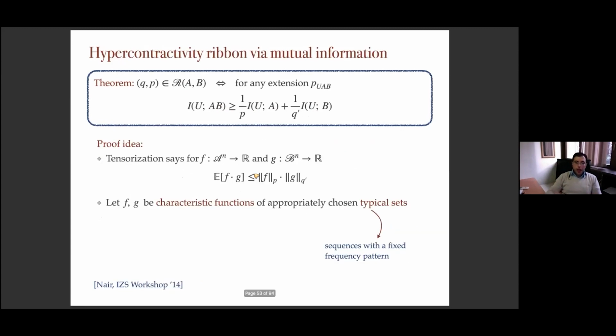I wanted to tell you something else about this theorem, which is that you can prove it via duality. If you think of computing this hypercontractivity ribbon, it's a convex problem.